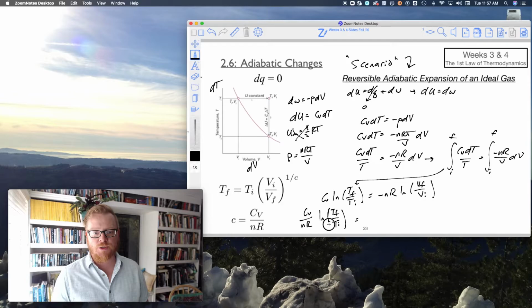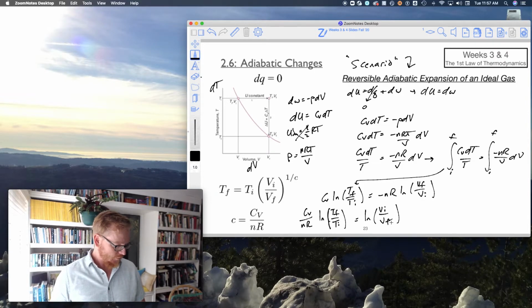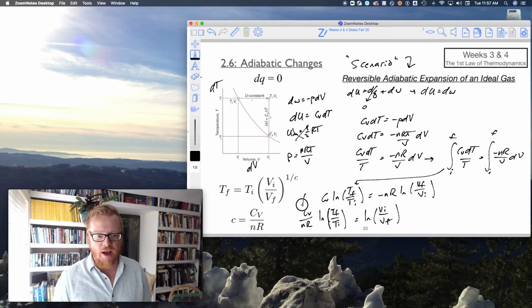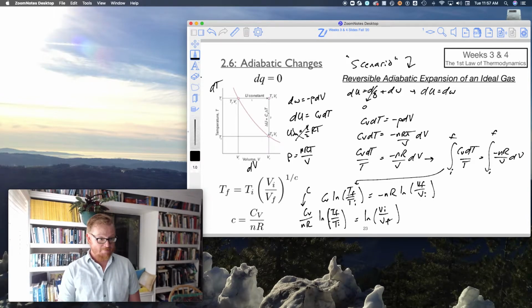That was just algebra. I'm going to do a log trick here, and that negative sign I'm going to absorb into the natural log, which makes this ratio flip. So now that just becomes natural log of Vi over Vf. Okay, I'm going to call all of this stuff lowercase c.